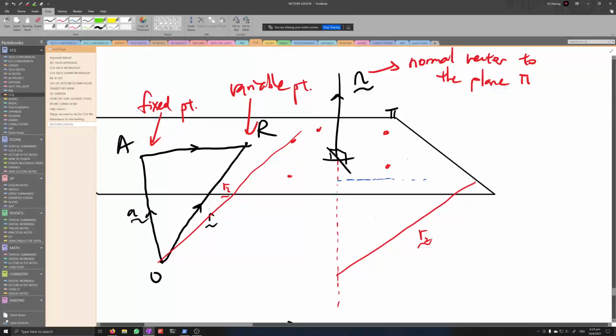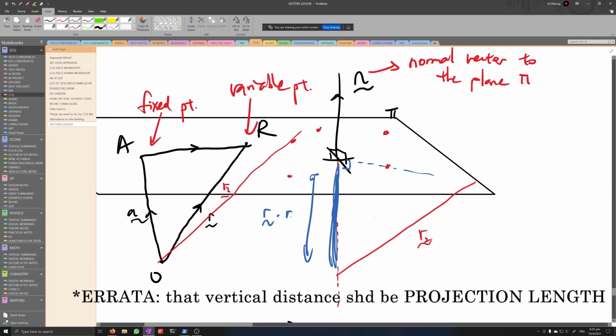Actually, this is in 3D, so by right, you should have a triangle that points out of the plane of the paper. And essentially we are taking this distance, which is the distance of r dot n.